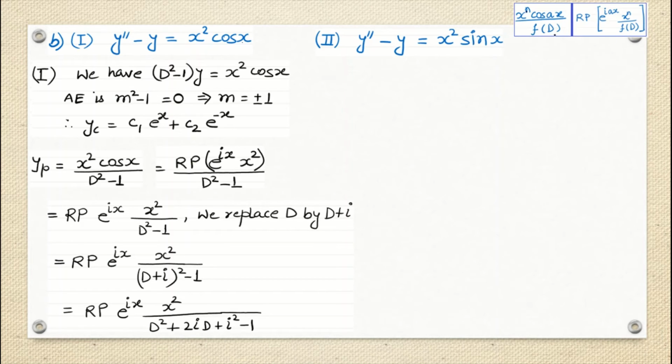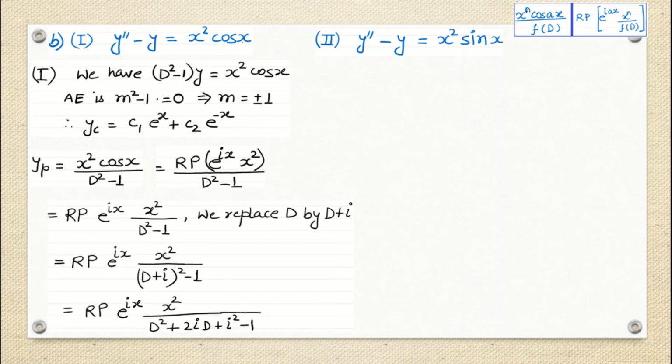And if it is your sine ax, that means x to the power n sine ax by fd, everything is same, just imaginary part. So finally you have to write down e raised to iax, x to the power n by fd, you have to solve, and then just the real part will be your answer of cos, and the imaginary part will be the answer of the sine question, okay?